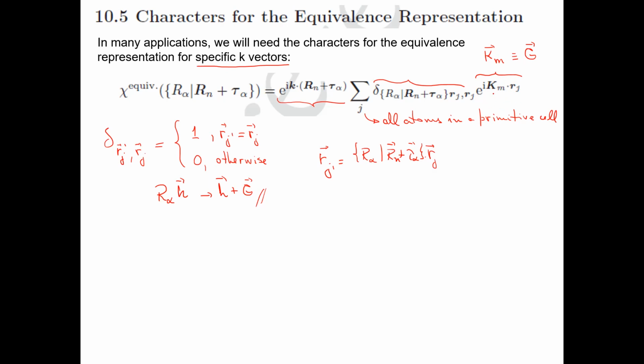Okay, so it's a slightly more complicated definition of the character for the equivalence representation, but this is going to be useful in the next few lectures. So just keep that in mind.